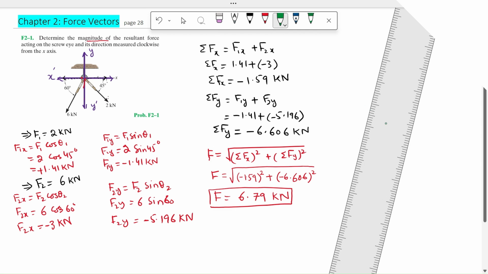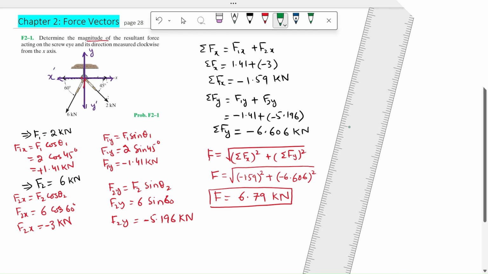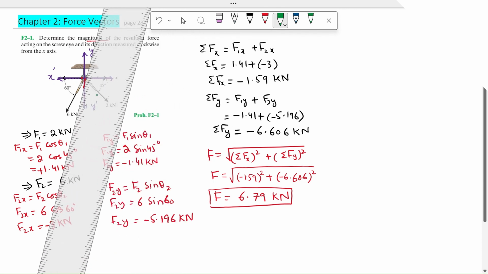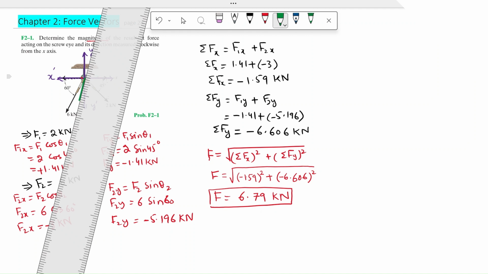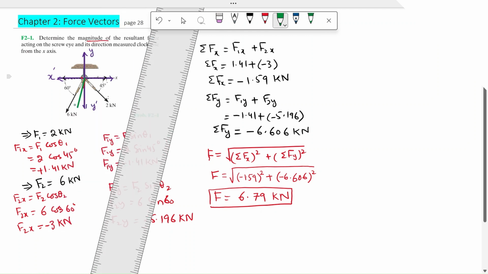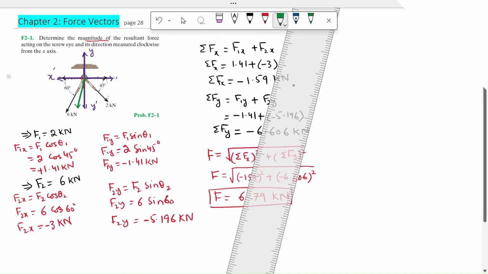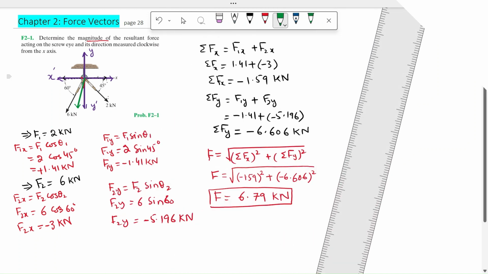I'm just assuming that my force is located here, from the origin. So I'm assuming this position. The main thing is that I will be determining this angle from this x dash axis. I will determine the angle measured from the x-axis.